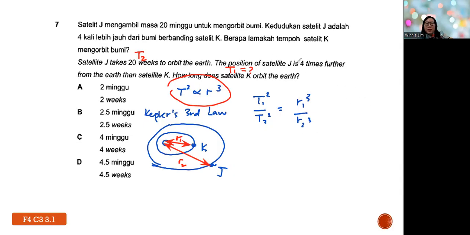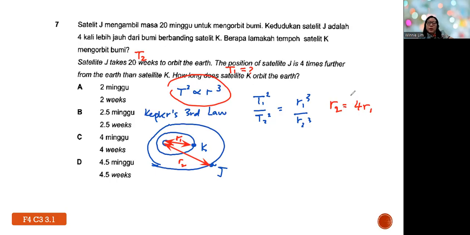The position of satellite J is 4 times further from the Earth. Therefore, R2 equals 4R1.